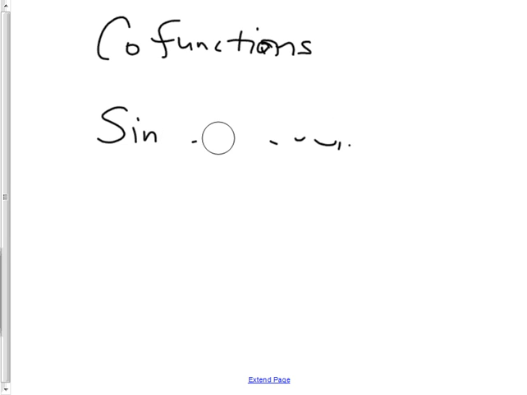So I'm going to show you something that you probably never knew. If you had sine of 30, that's exactly the same as if you have cosine of 60. So in other words, on the calculator, if you were to type in sine of 30, it gives you 1/2. Memorize it. What will cosine of 60 be? 1/2. All right.